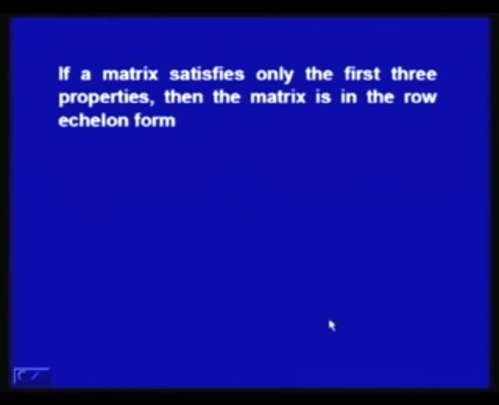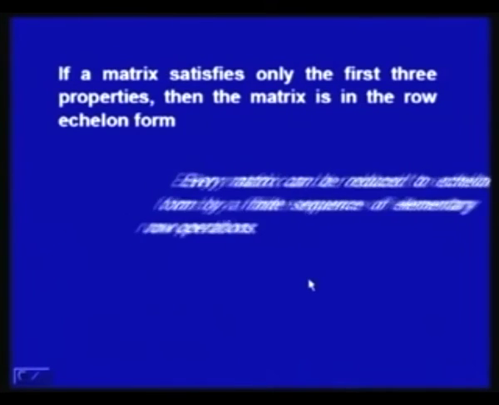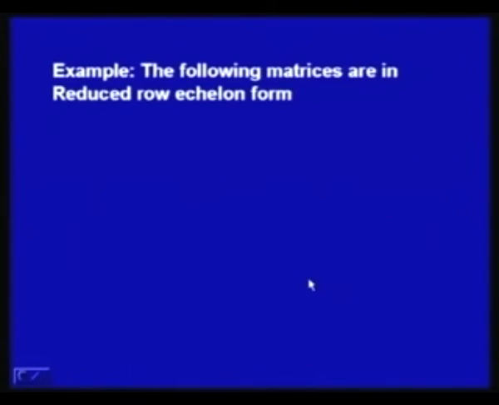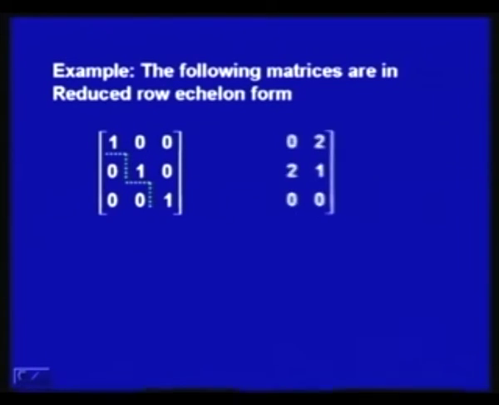Now, many times a matrix satisfies only the first 3 properties, and then the matrix is not in row reduced echelon form. I will explain this with examples. Like this 3 by 3 matrix, it is in row reduced echelon form, as it satisfies all the properties and has the staircase pattern.